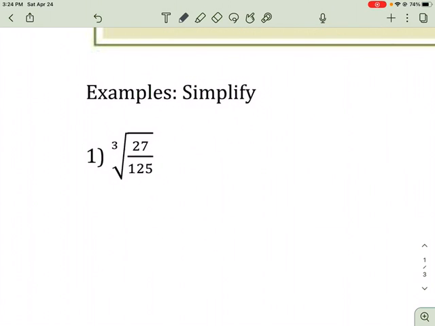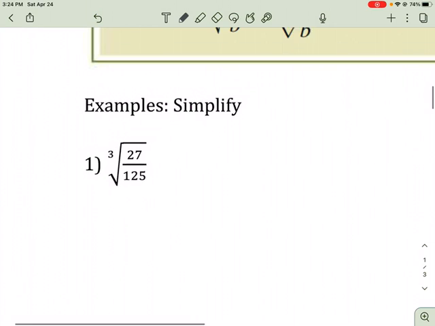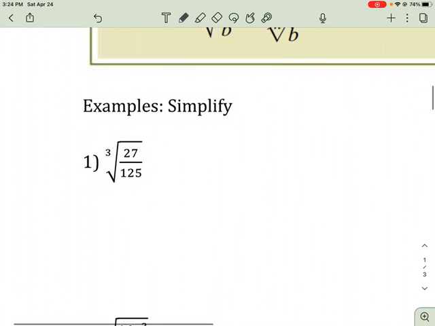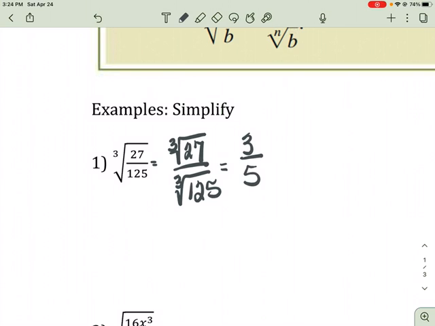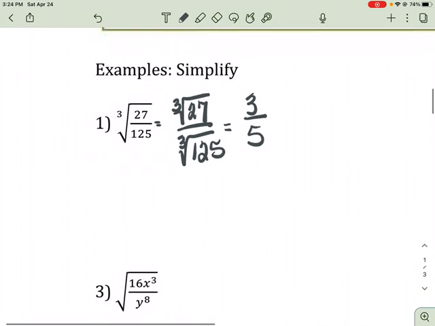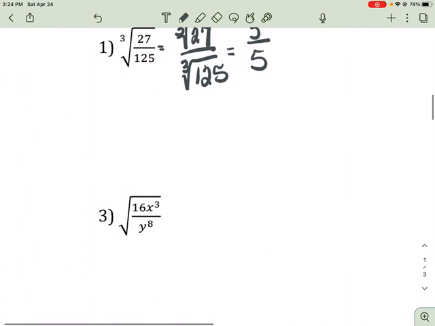For example, here we have the cube root of 27 over 125. Now, 27 and 125 really don't have anything in common, so we can separate this as the cube root of 27 over the cube root of 125, and we're going to get 3 over 5. That's it.